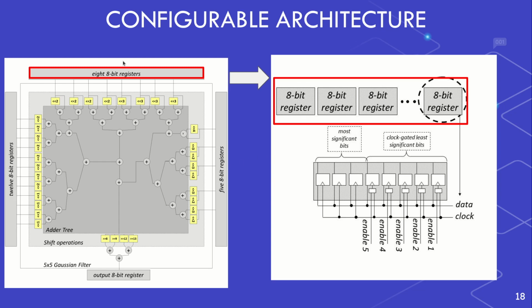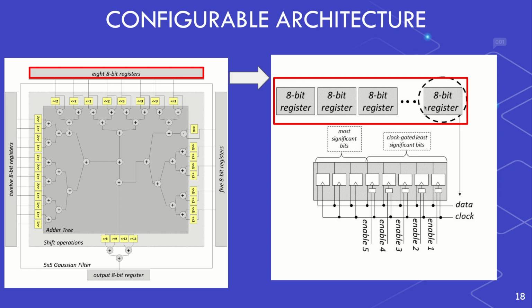So considering the same architecture we previously showed in the last slides, we here explore inside the input hashers bank, and we can see it can contain multiple 8-bit hashers.